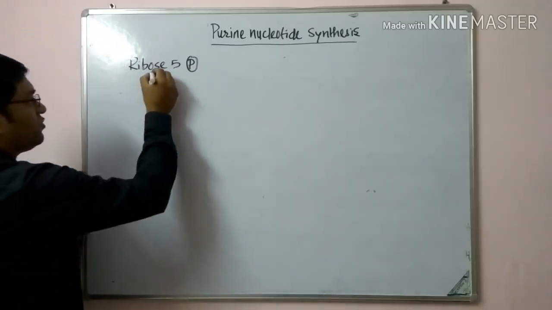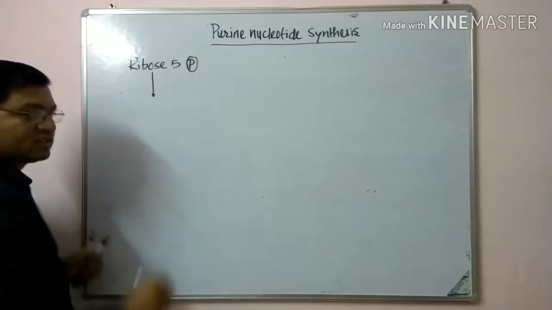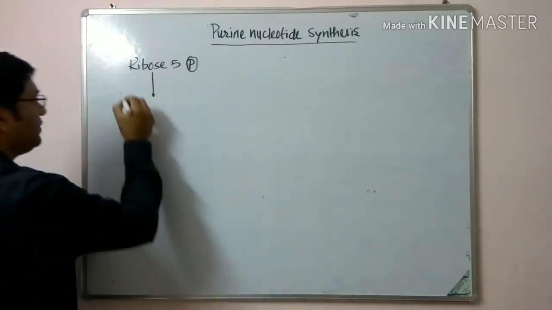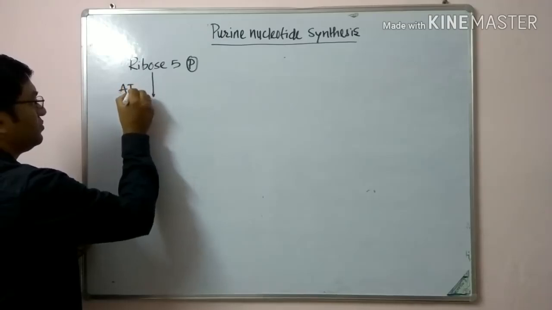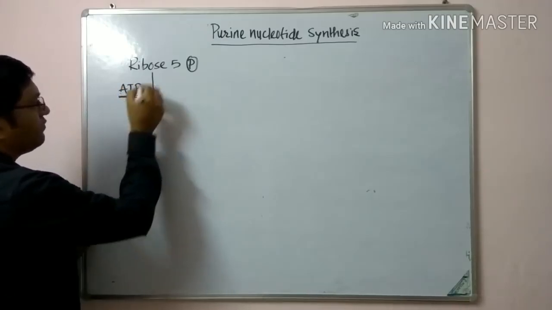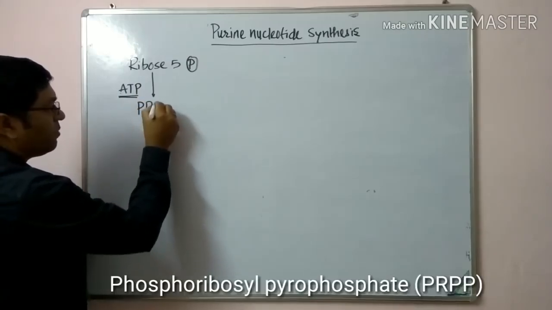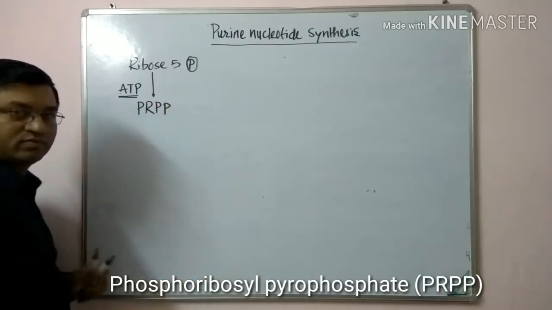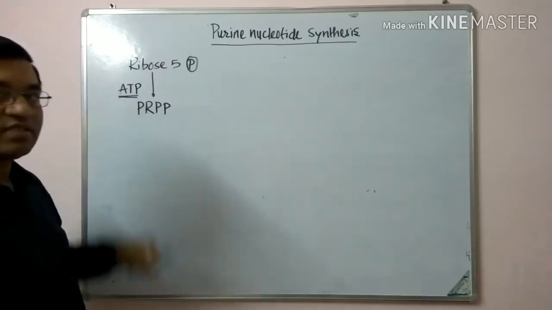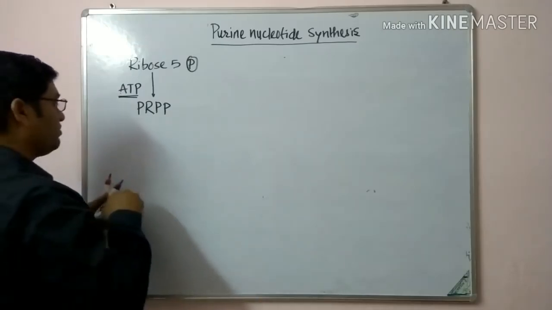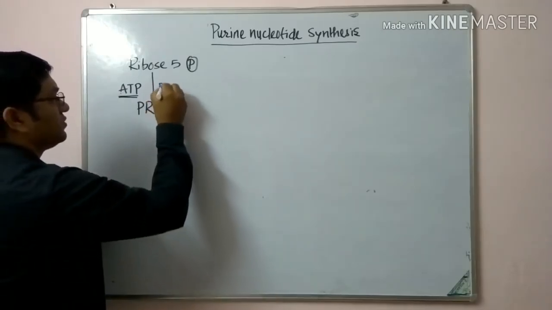In the first reaction there is utilization of ATP and this ribose 5-phosphate is converted into phosphoribosyl pyrophosphate. As there is ATP, it requires synthetase. So this is PRPP synthetase.